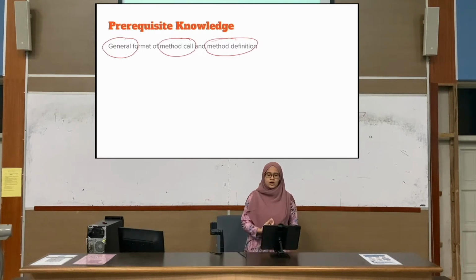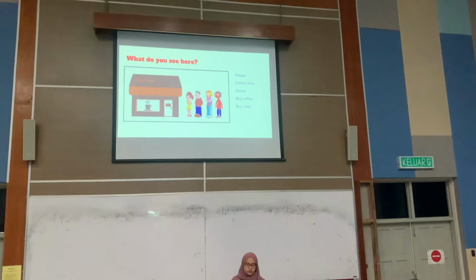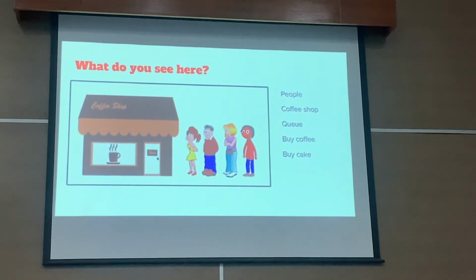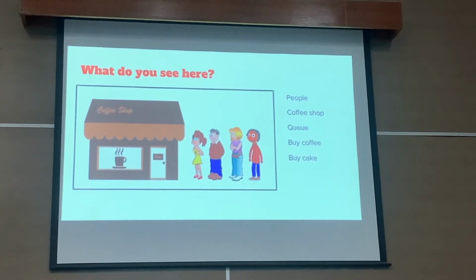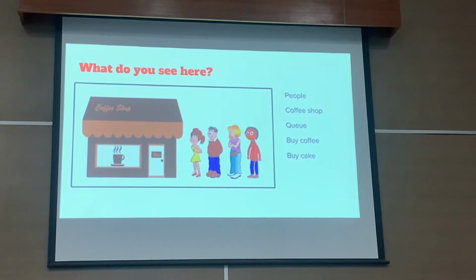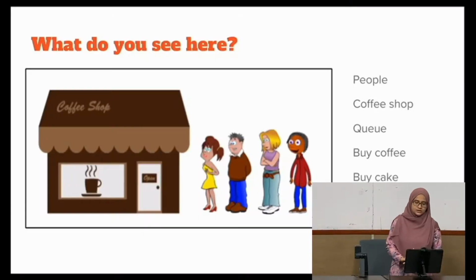Okay, so for today's class, I would like you to see the picture in the slide. As you can see, there are two figures in the slide. And what can you see here? Can you see people? Yes, there are people where they are at the coffee shop and they are queuing.